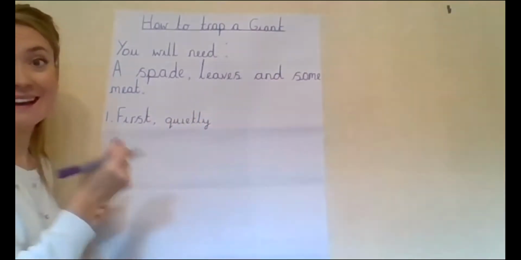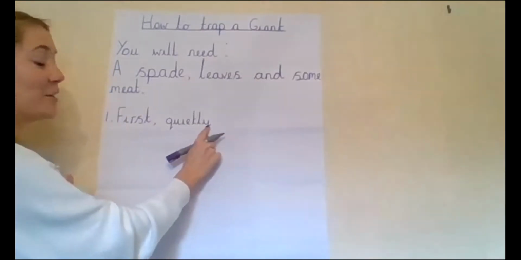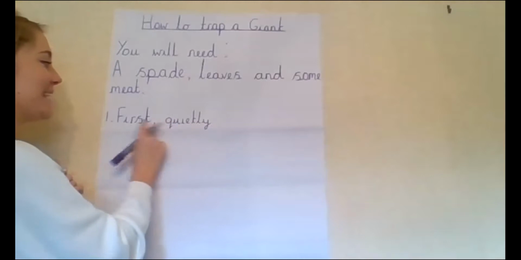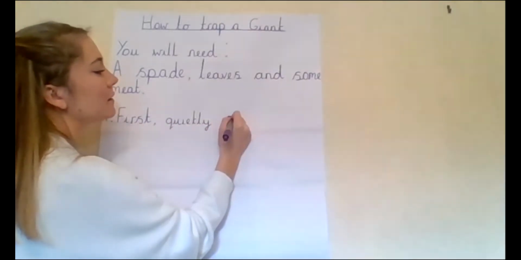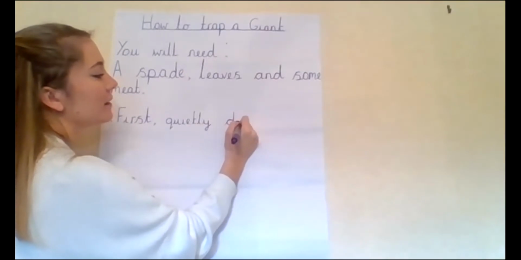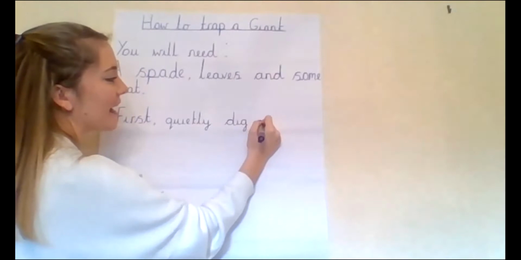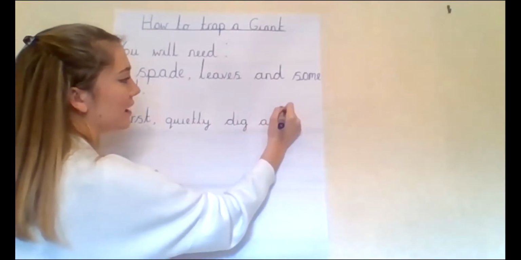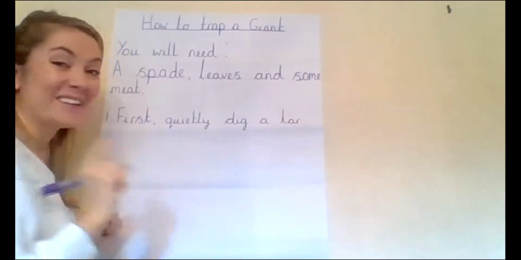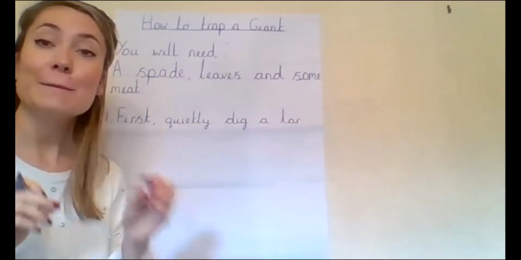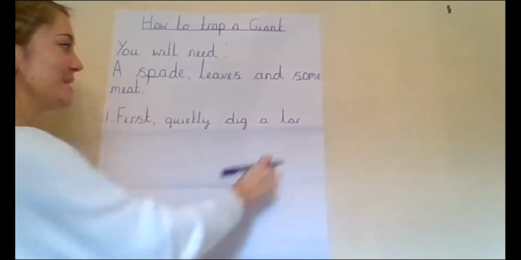so quietly, remember we spoke about that when we were doing adverbs, didn't we? They often ended in that ly sound, ly, that makes ly. Quietly, first, quietly dig, dig a large, now it's tricky, it sounds like j, but it's g and e, the letters that make j sound in this word.